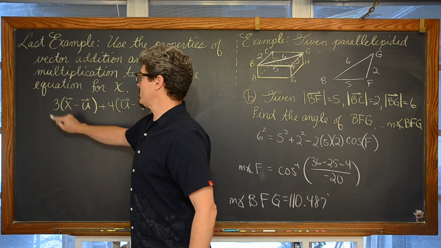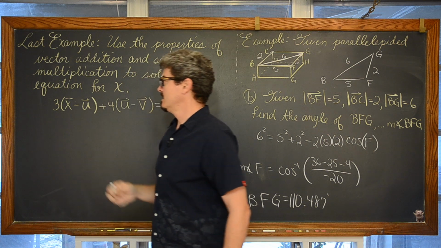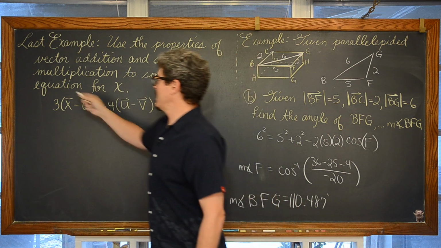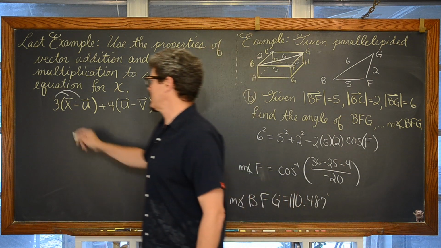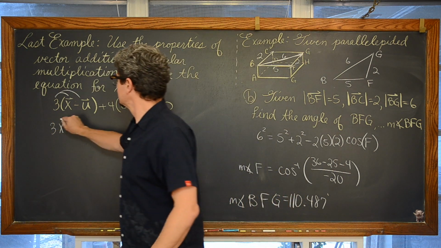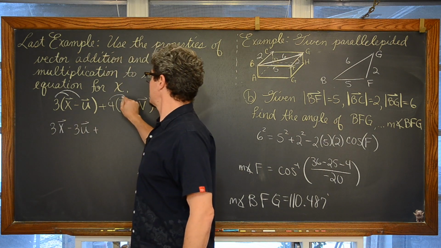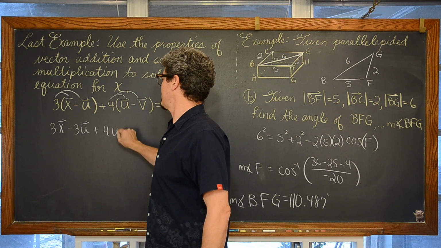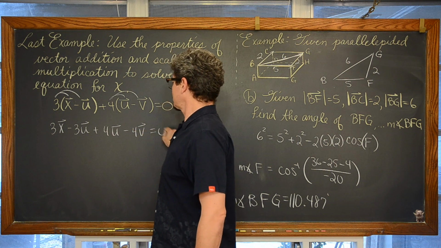But this is a scalar multiple to the difference of two vectors, or x plus the opposite vector of u. And one of those properties said that we could just distribute through that scalar multiple. So we have 3 times vector x minus 3 times vector u plus, same here with the 4 times vector u minus 4 times vector v.